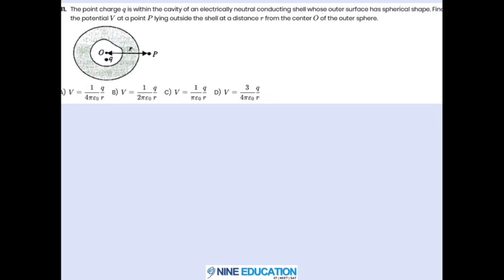inside the cavity. Now if you take a Gaussian surface which is within the metal, then obviously the electric field on this Gaussian surface will be 0. That means flux passing through this imaginary surface I have drawn is 0.